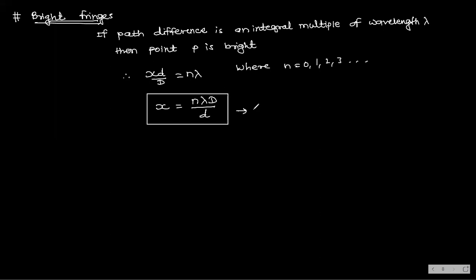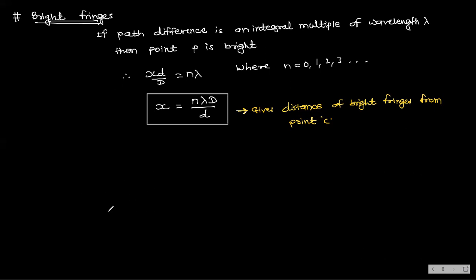It gives the distance of bright fringes from point C. Okay, right?